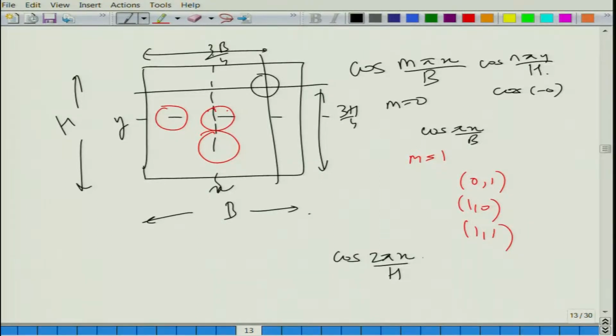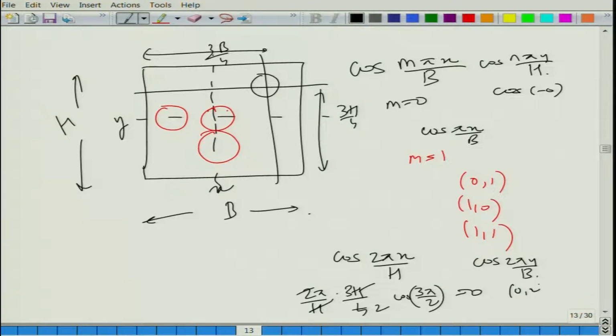And so for such a function, when you have x is equal to 3h by 4, this is 0. Similarly, this particular mode can also be suppressed. So basically in such a situation you have 0 2, 2 0, 2 2 modes can be suppressed.